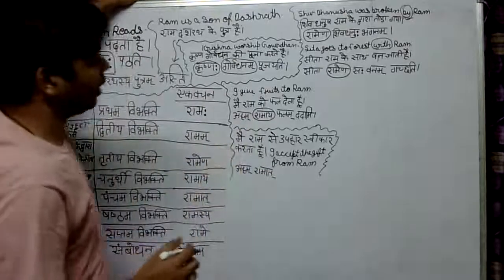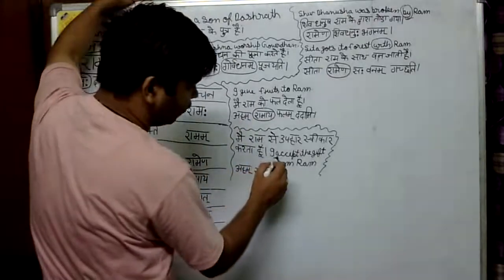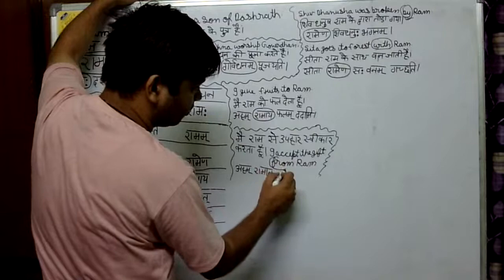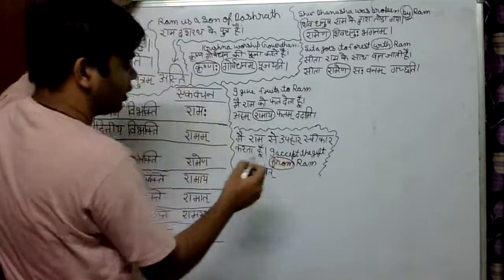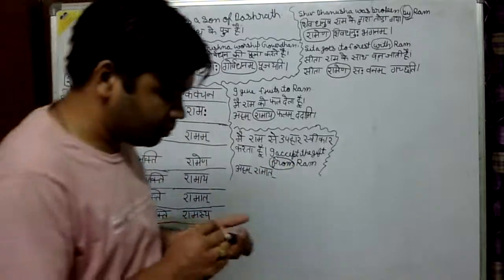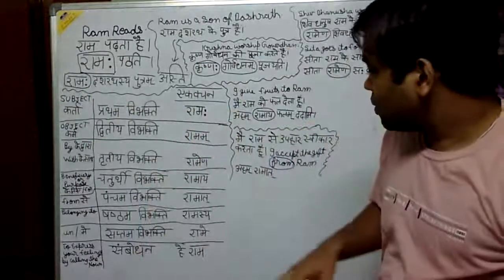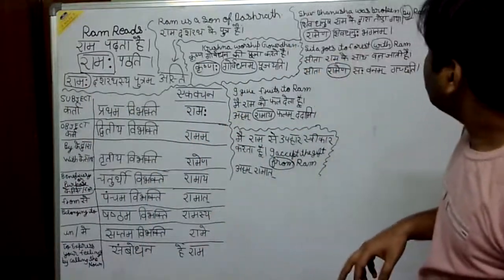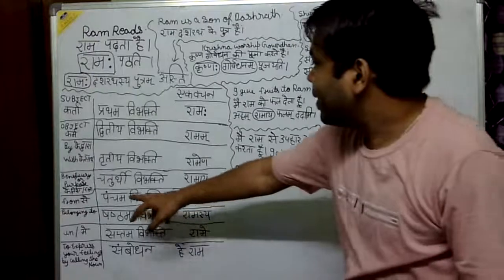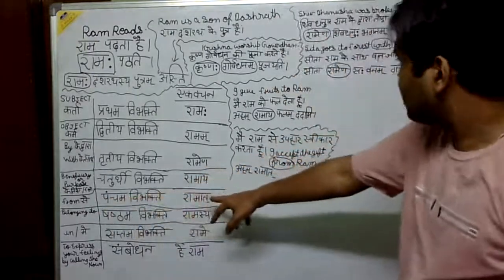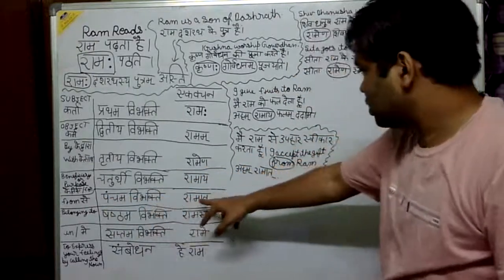Why have I used Ramat? Because the word from has come here. From. Whenever the word from comes in any sentence, what will we use? We'll use Panchami Vibhakti. Ramat. Okay?